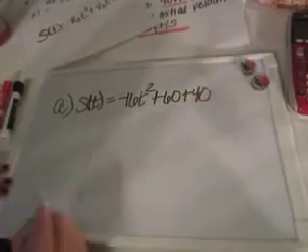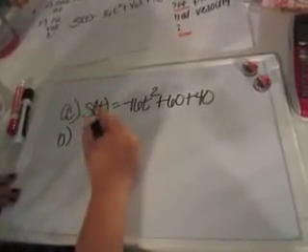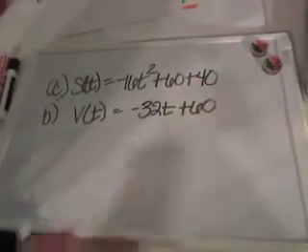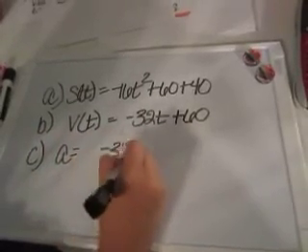We're gonna go a little bit faster on this one. Okay, now B, we're trying to find the velocity function, which is the derivative of the position function. Now the acceleration, negative 32.